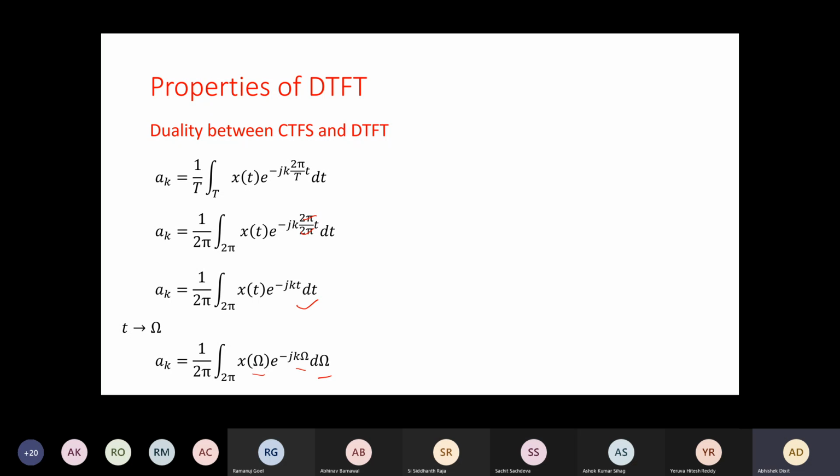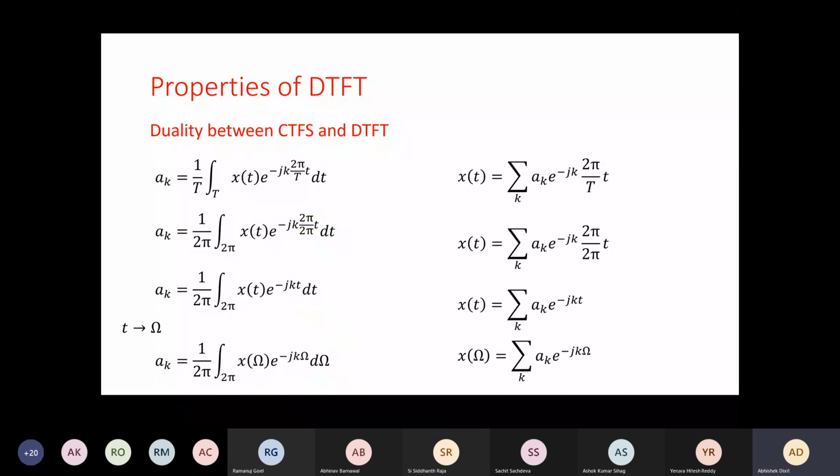I have not done any rocket science. What I have done is in CTFS, I have chosen xt, which has got a period 2 pi, and then by some very simple maths, I would say 11th class maths or even lower, I have got this expression of AK.